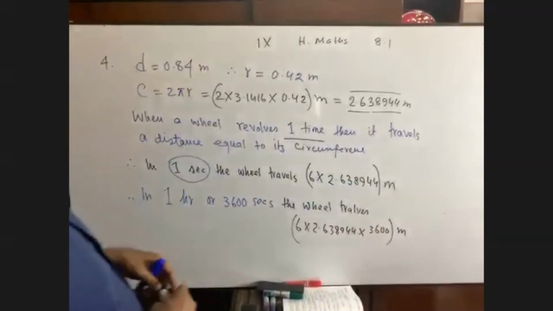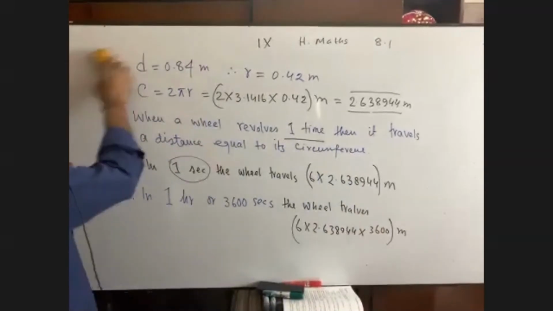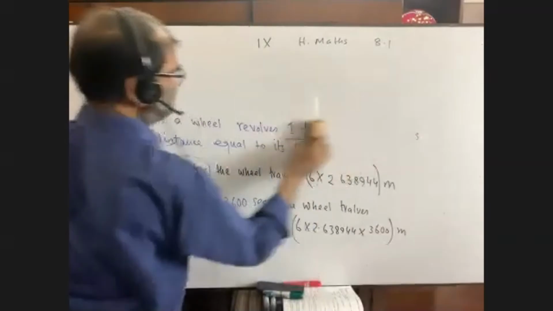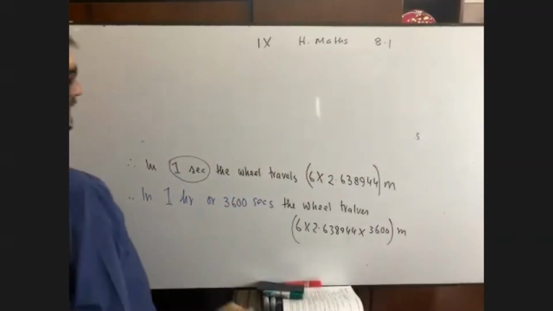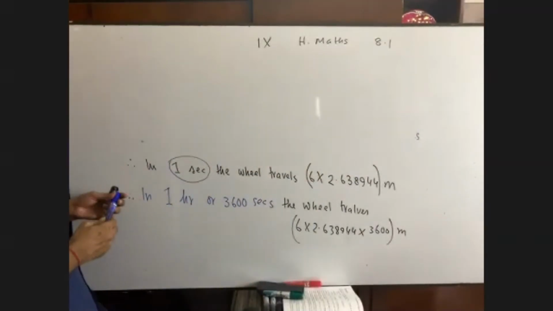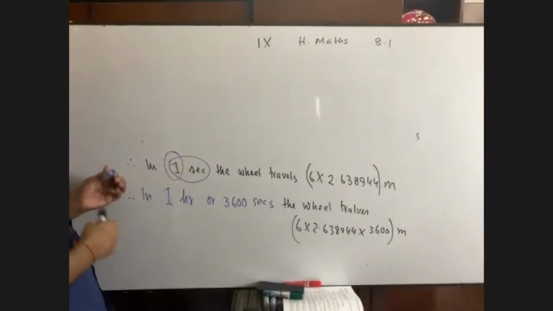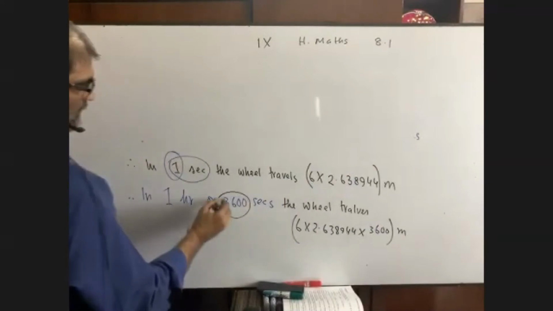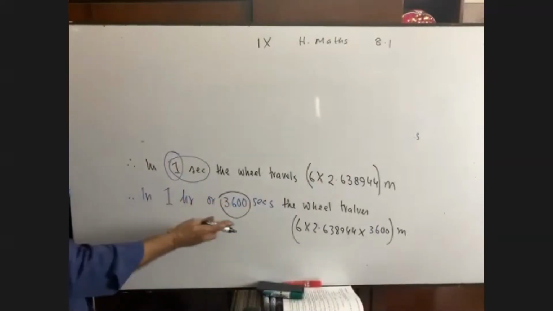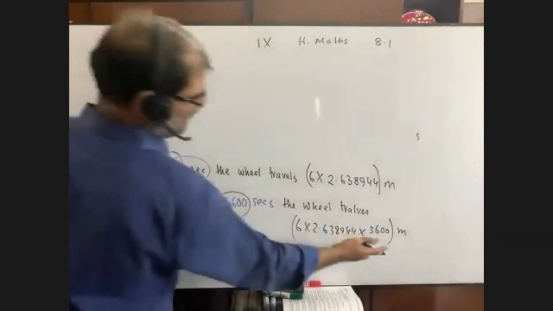If you don't understand, please talk to me. It is 1 second, please try to understand. This is 1 second, and this is 3600 seconds. So what will it be? It is more than this, so it will be multiplied. Nothing beside it.